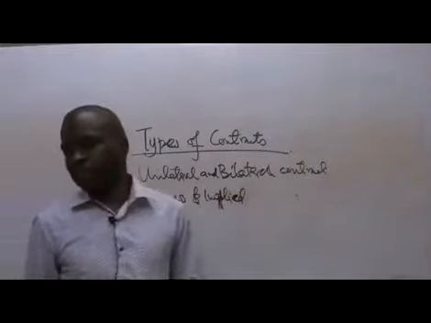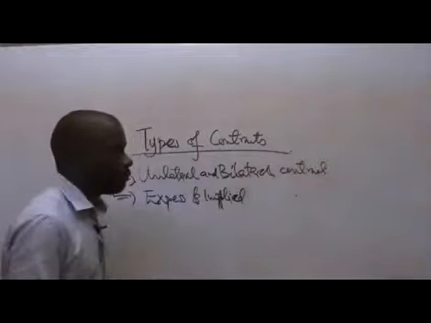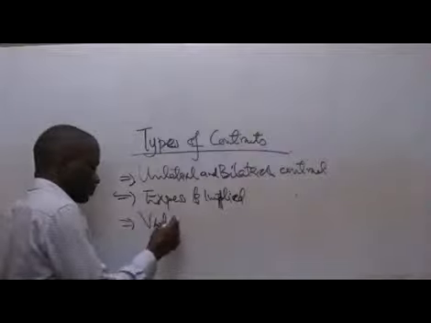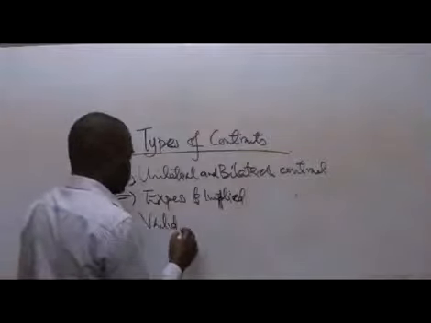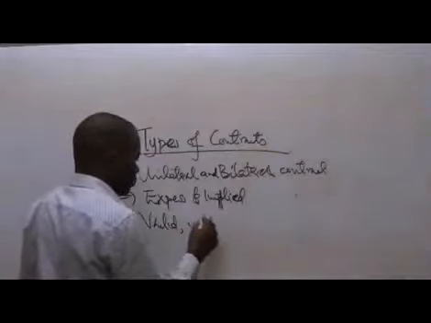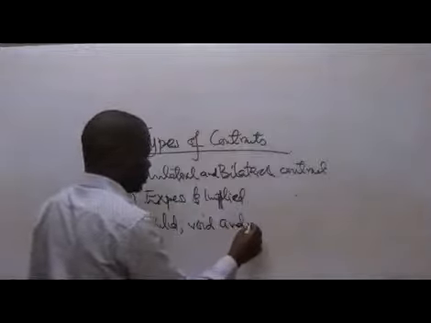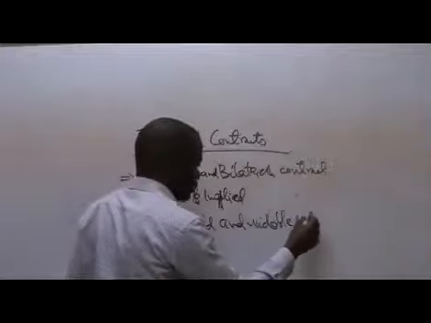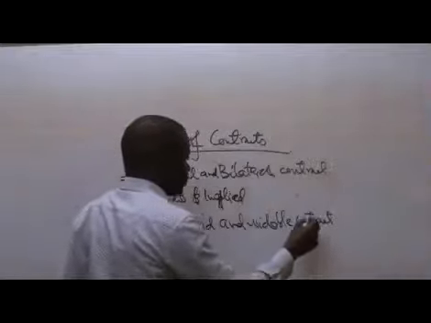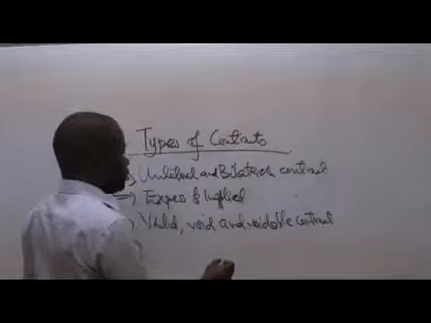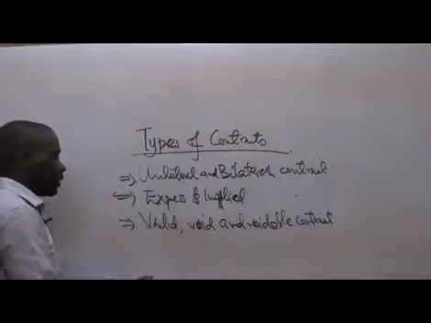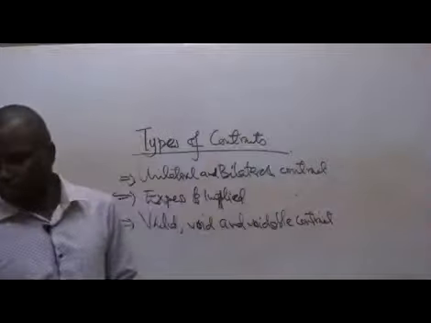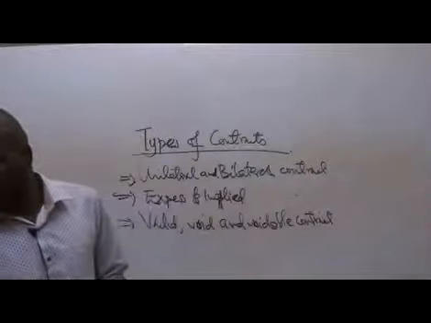Then valid, void, and voidable contracts. So you can have valid, void, and voidable contracts.